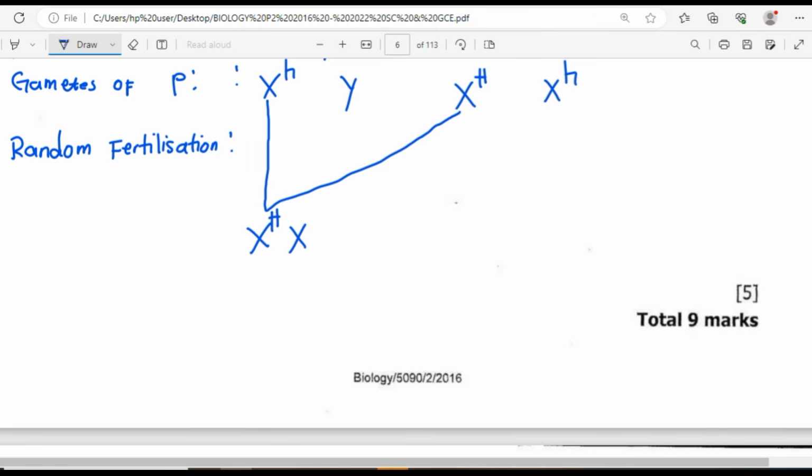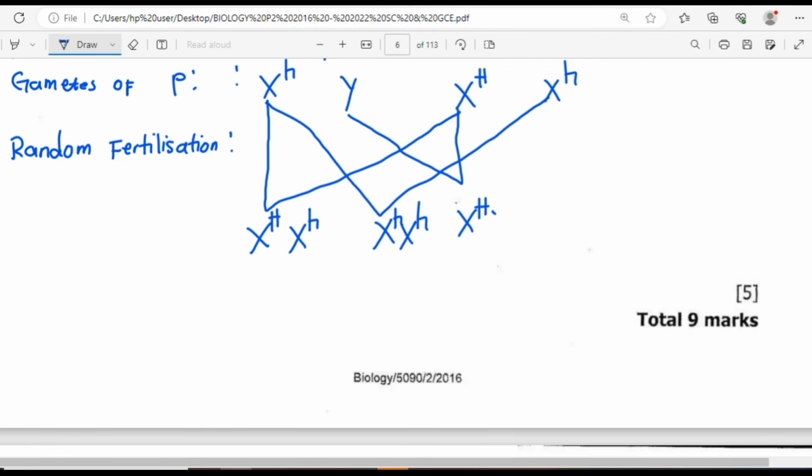So this is a chance of having a daughter who is a carrier. We have a daughter who is sick, small letters. Whenever we have two small letters under XX, that individual is sick. Then here we are going to have a son who is 100% okay. Here, a son who is sick.